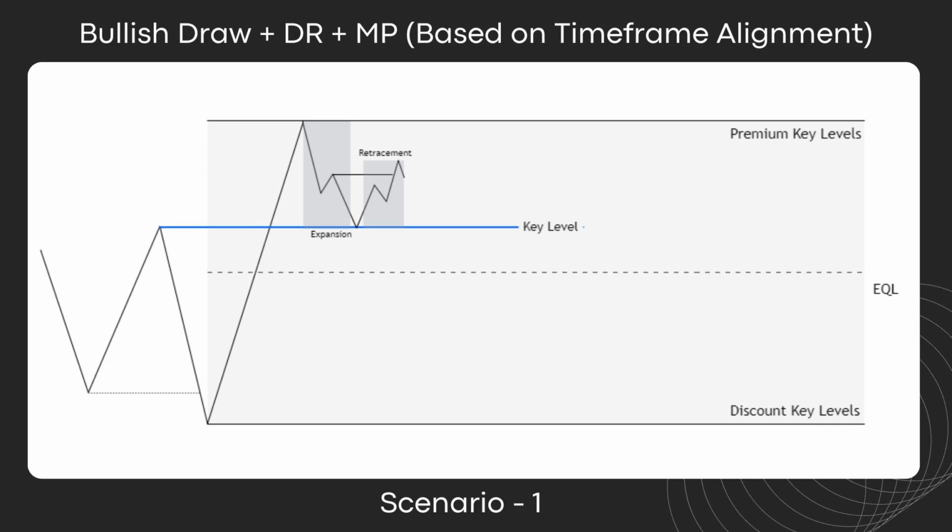Now, if you remember the first few chapters, I told you that when an expansion profile tests a key level, the most likely outcome for price will be a reversal. But in this case, we've taken it further and made it more advanced.